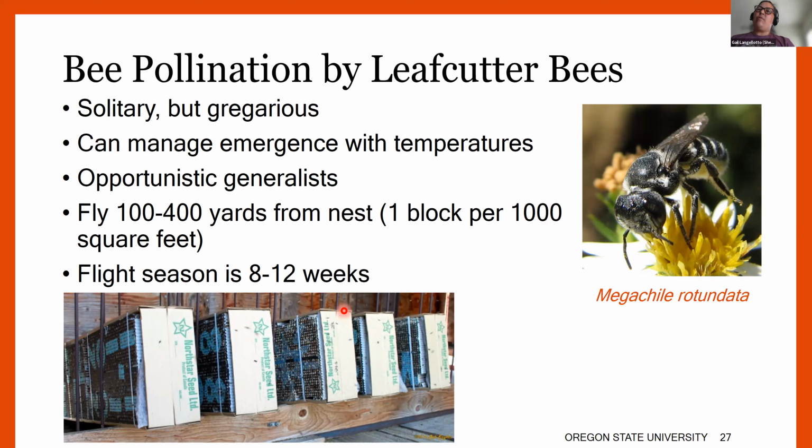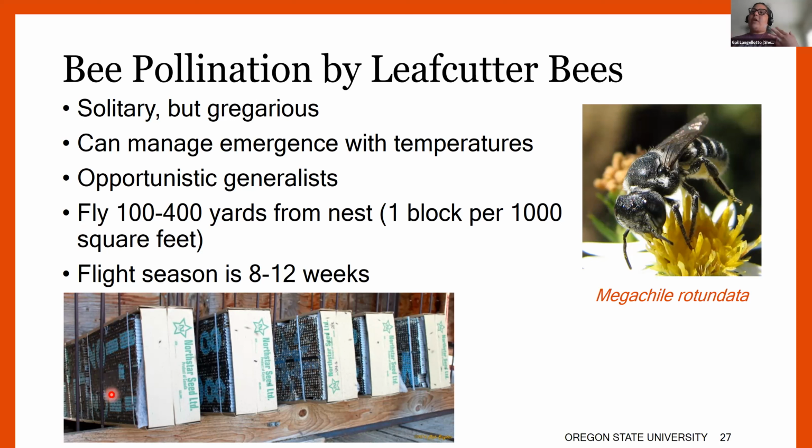Megachile rotundata are solitary bees, which means that there is no reproductive division of labor and cooperation among worker bees in a hive. It's just a single lonely mama female who's collecting pollen so that she can provision her young in these little cavity systems where you can see in these nest blocks, lots of little holes drilled in these nest blocks.